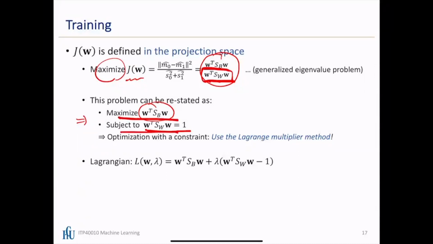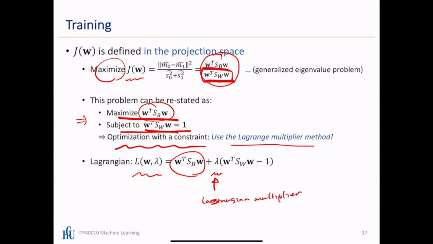This is optimization with a constraint, so we can bring in one of the tools that we studied earlier in the semester, the Lagrangian multiplier method. We can rewrite the above problem in terms of the Lagrangian: your goal to maximize together with an additional multiplier, together with the constraint.